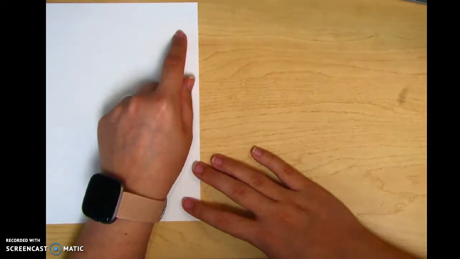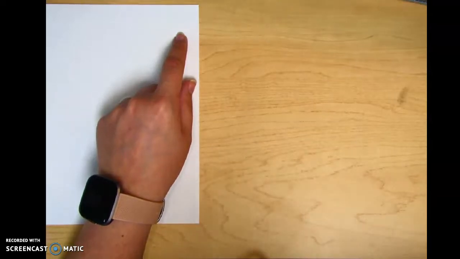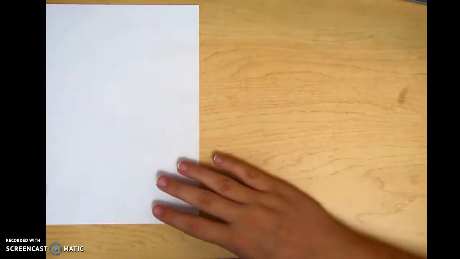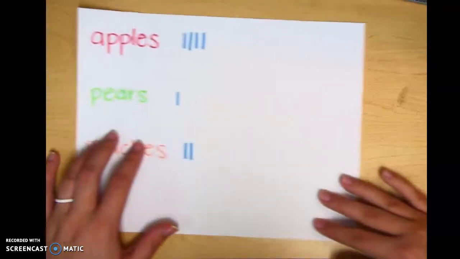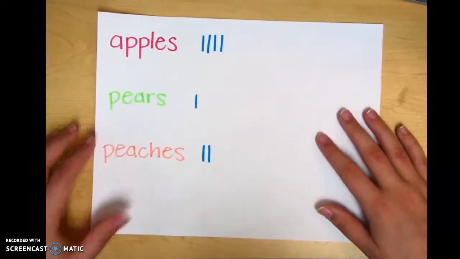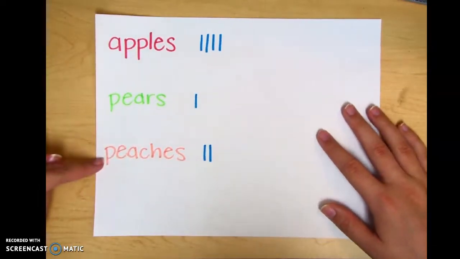But today I thought we could do some tally marks with a survey. A survey is just a question, and I asked several of my family and my friends which fruit they liked best. Now, these are fruits that grow on trees. So I picked apples, pears, and peaches.